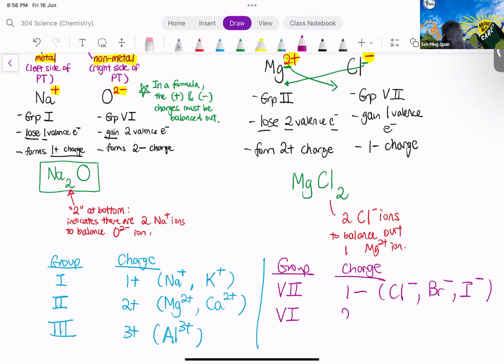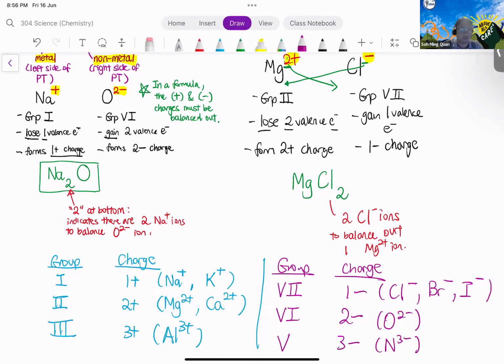Group 6, 2 minus, so O2 minus is a good example. Group 5, 3 minus, so N3 minus. Okay, so this is the relationship between the group number of the elements involved and the charge of the ion.